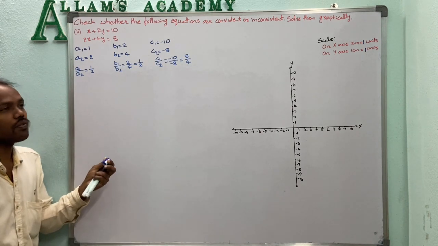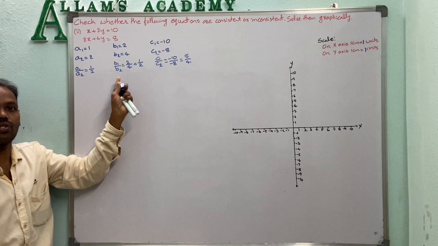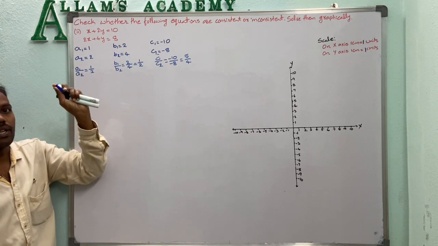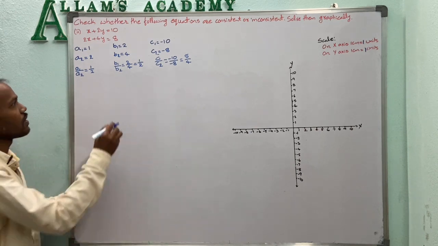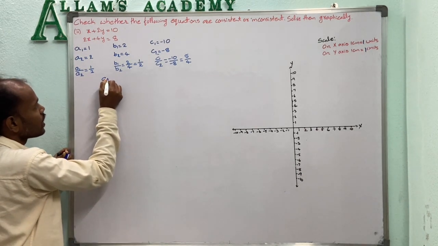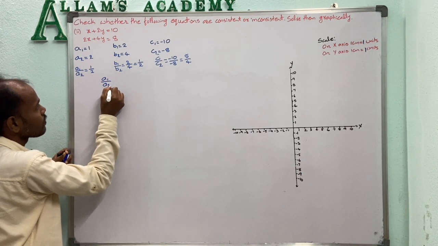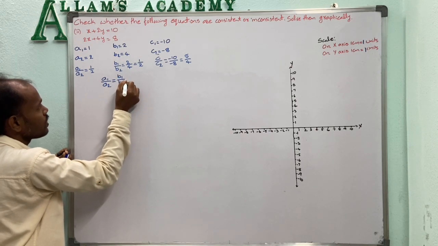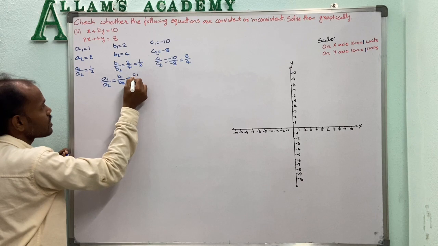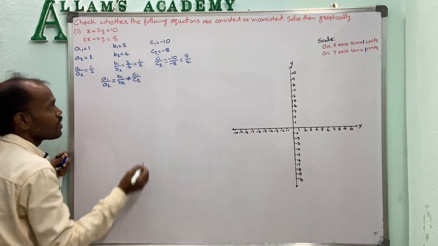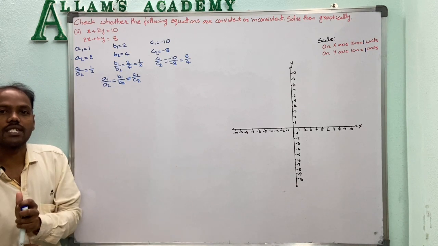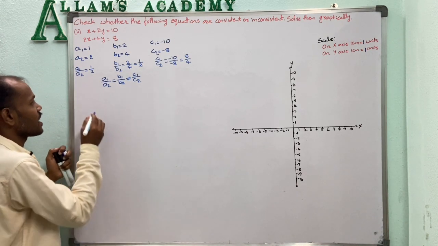Now if we observe the ratios of coefficients, a1 by a2 equal to b1 by b2 not equal to c1 by c2. So the given pair of linear equations is inconsistent.